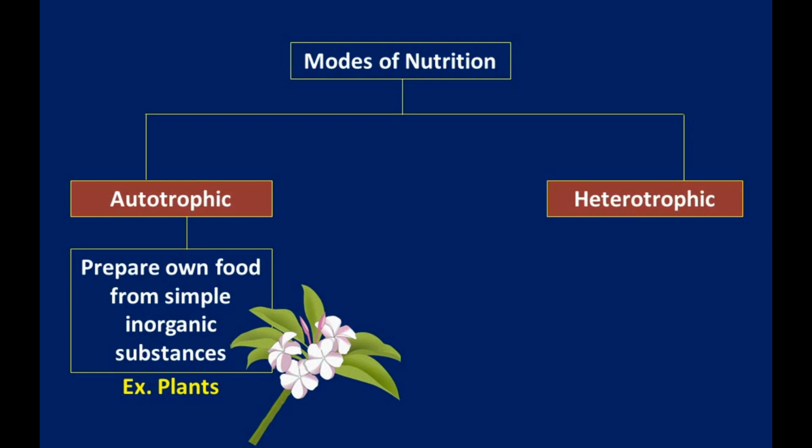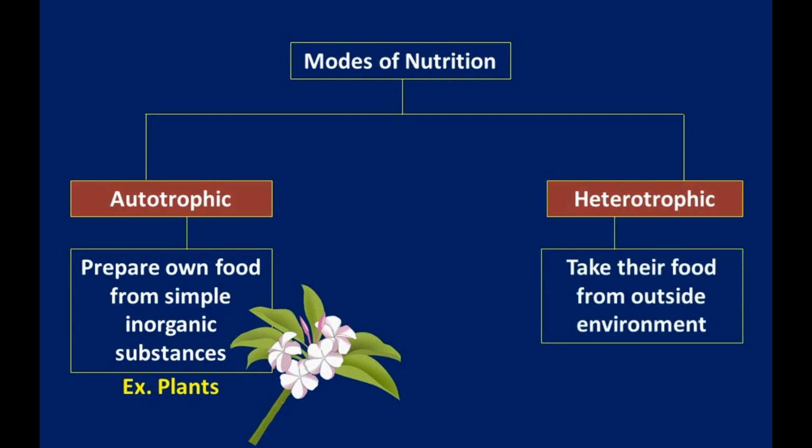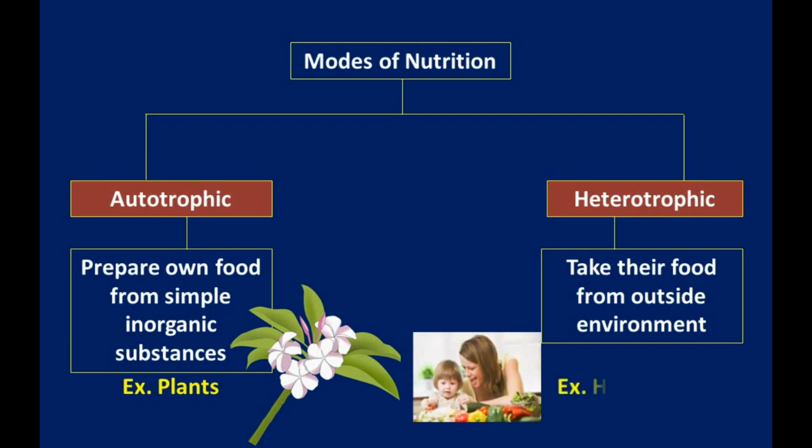That type of organisms are called autotrophs. What is meant by heterotrophs? They do not synthesize their own food. They take their food from the outside environment. They take their food from plants as well as other animals. So they are called heterotrophs. Examples are all animals including human beings.